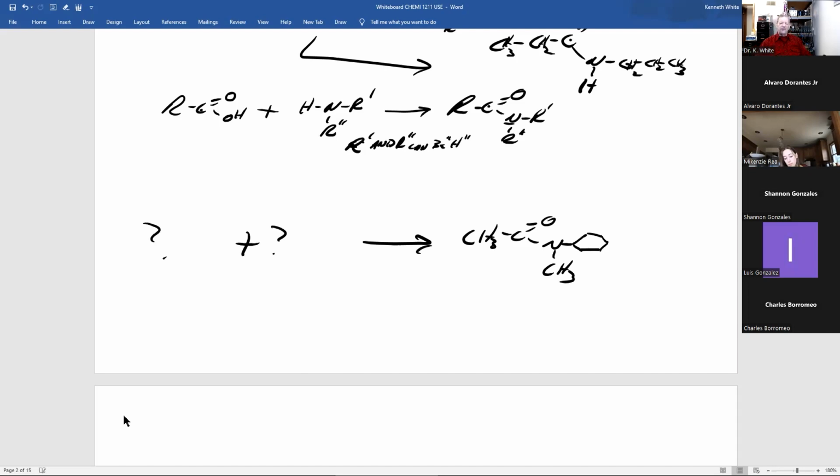What two molecules, and by the way, let me make that a benzene ring.